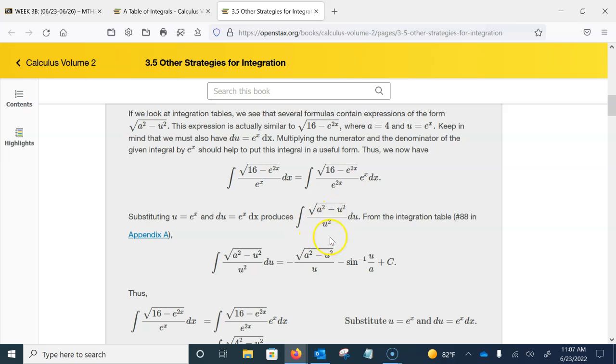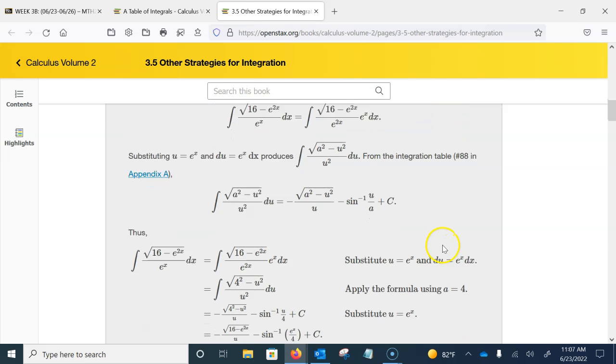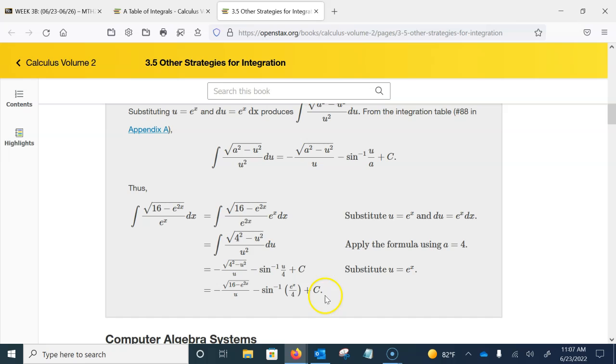So we have the exact same form that we can use in the integration table. And so we just write out the formula, but then remember, oh yeah, u is e to the x. So we substitute e to the x squared there. This would be e to the x. Our a value is 4, so 4 squared is 16. This is the inverse sine of e to the x over 4 plus c. And so there we have the final answer.